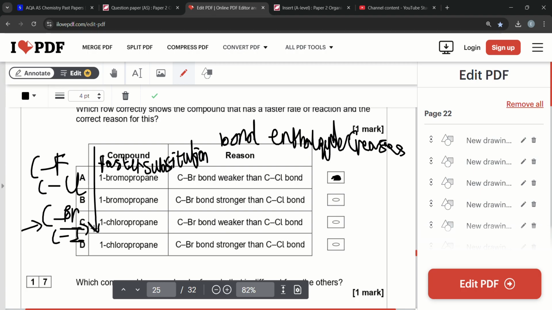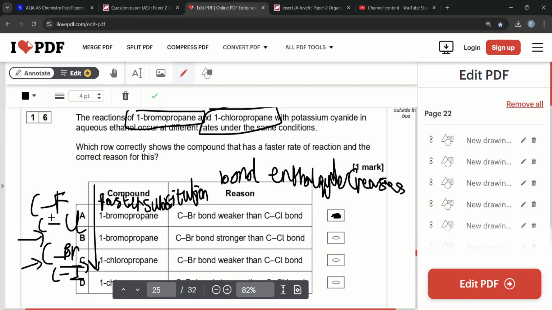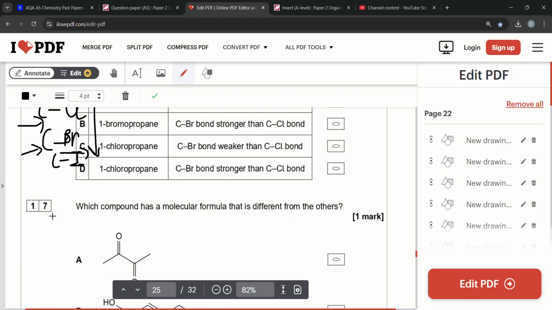It would surely be 1-bromopropane which has a faster reaction, because C-Cl has a higher bond enthalpy than C-Br, so therefore it would have a slower rate of reaction because slower substitution. And C-Br bond is stronger than C-Cl? That's absolutely incorrect. It's lower down, so bond enthalpy decreases, weaker bond. So yeah, it's weaker, not stronger.